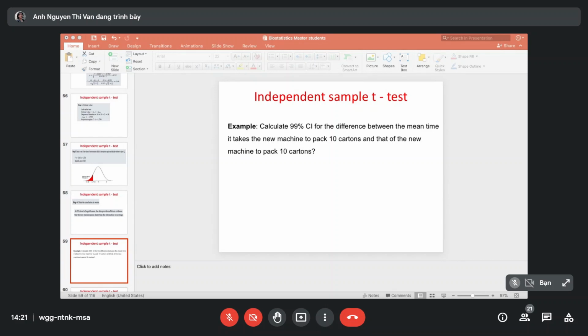The formula is correct. The confidence interval should be between minus 0.167 and minus 2.013. Oh, it's very different. Yes, I think so. That's why I'm checking.